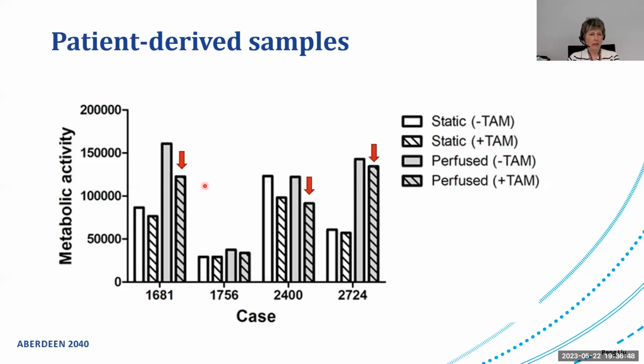And what you can see is that in the dark cross-hatched bar, in 3 out of the 4 cases, we're seeing an improved response to tamoxifen in the presence of perfusion compared to static conditions.